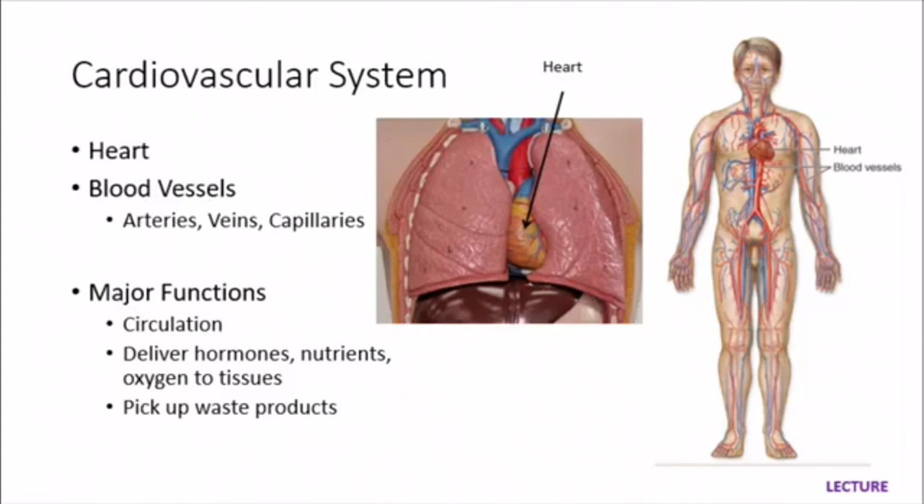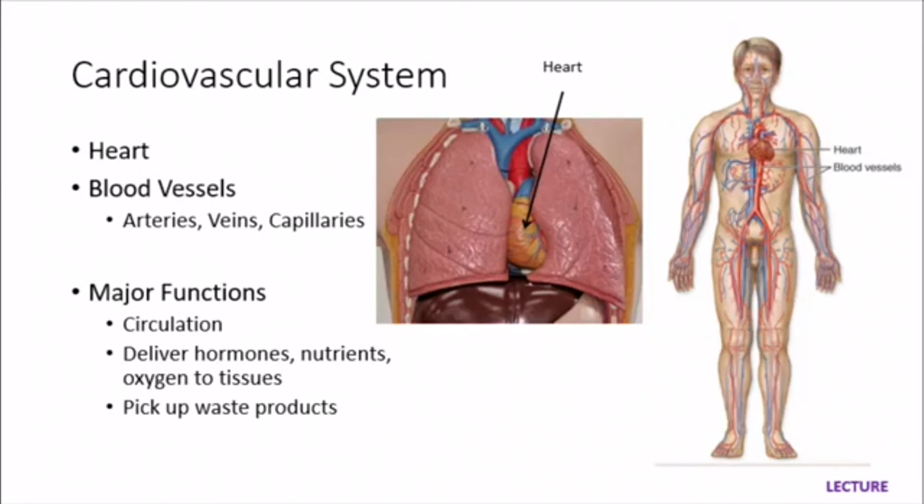Cardiovascular system, obviously the heart, blood vessels, which include arteries, veins, and capillaries. Major functions are circulation, delivery of hormones through the blood, nutrients, and oxygen to tissues. Oxygen is going to be picked up from the lungs.